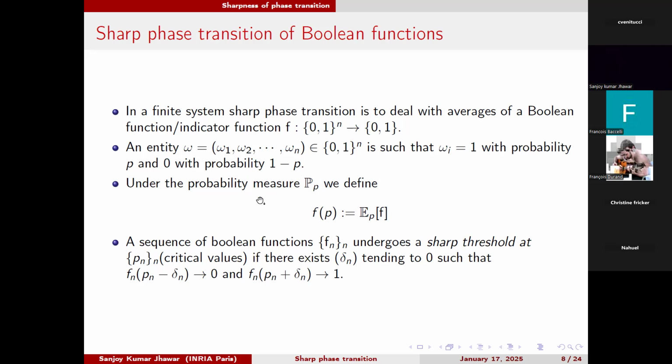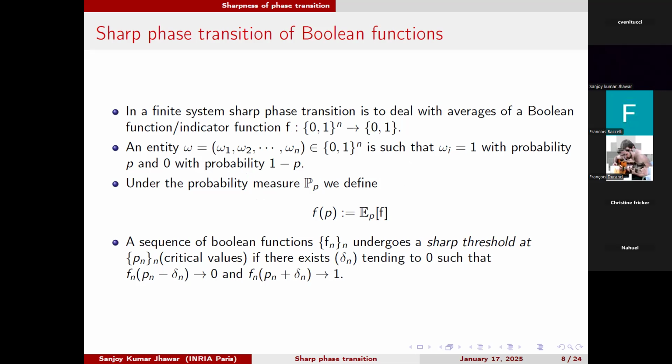Then you can calculate the average value of this type of Boolean function, that is f from the space to {0,1}. That means f takes value in either 0 or 1. Okay.